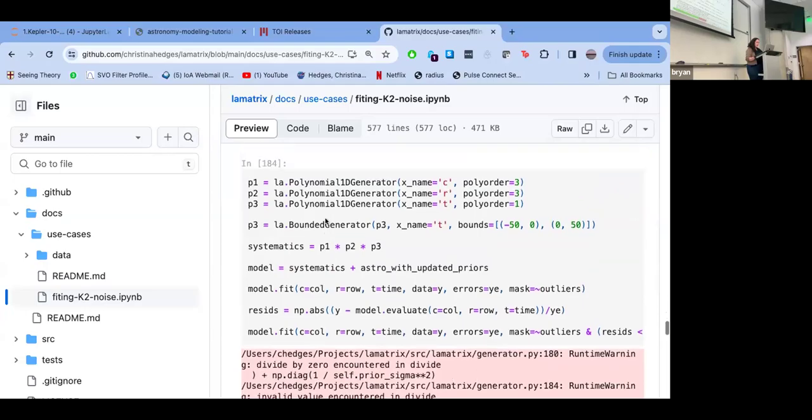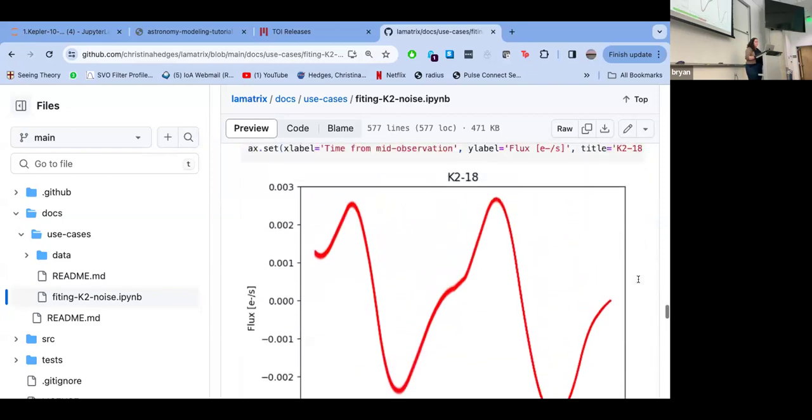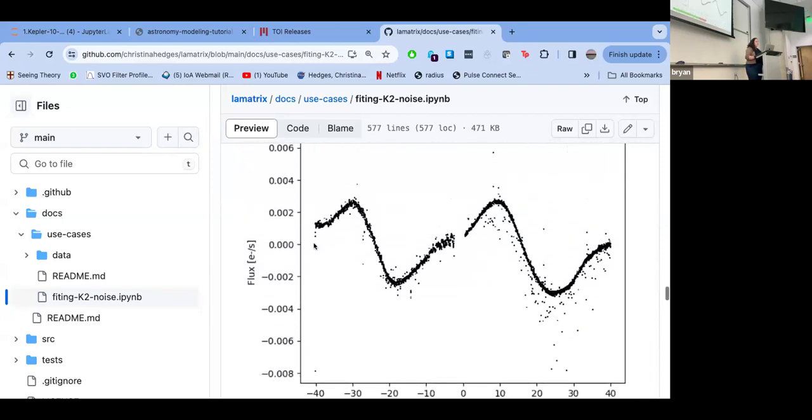If I go to around here, I know this is a little tricky to read, but what I'm trying to do here is make something that's a function of C, something that's a function of R, something that's a function of time. And then I'm trying to say, all of these things are only valid within certain bounds of time. What I've done up until this point is fit this spline model, which is also a function of time. It's wicked degenerate. I have something that's a function of time, that's my star.